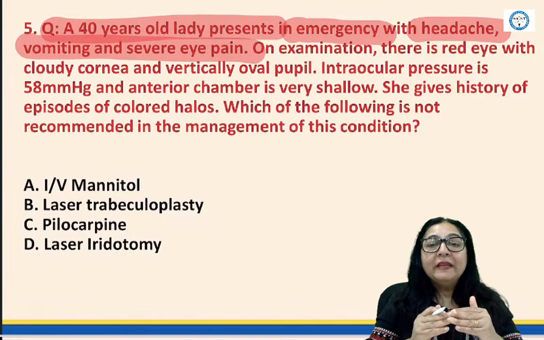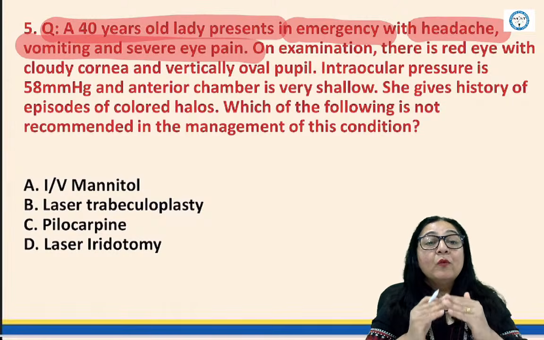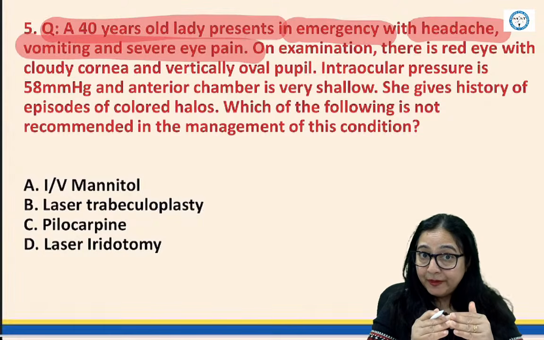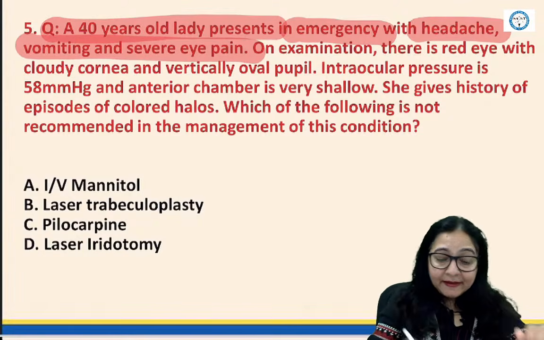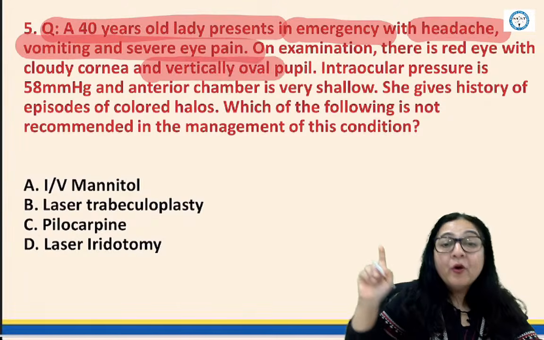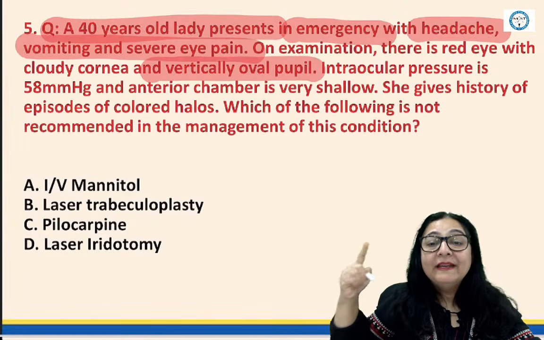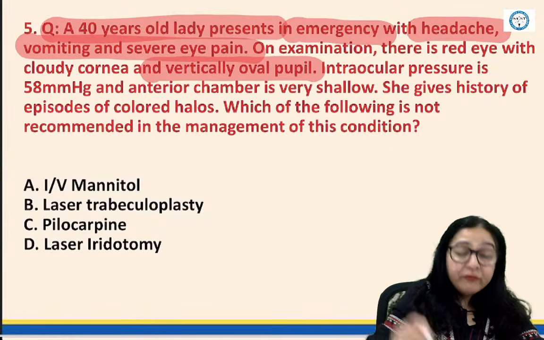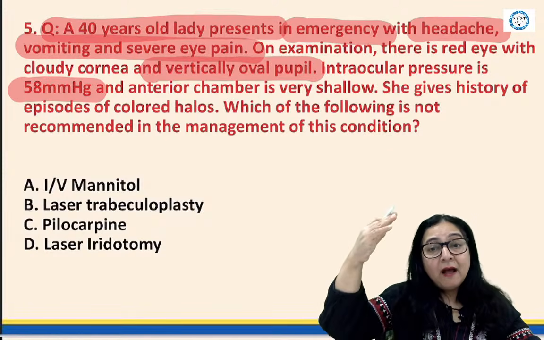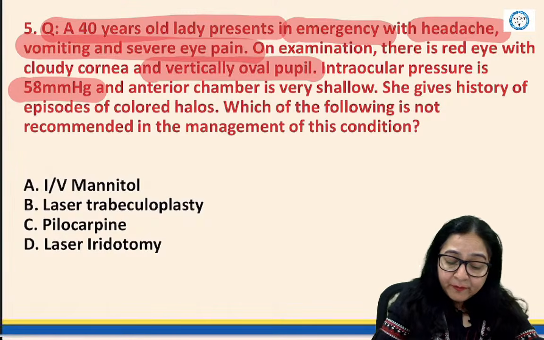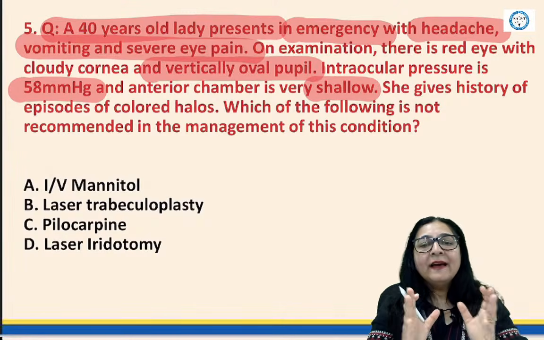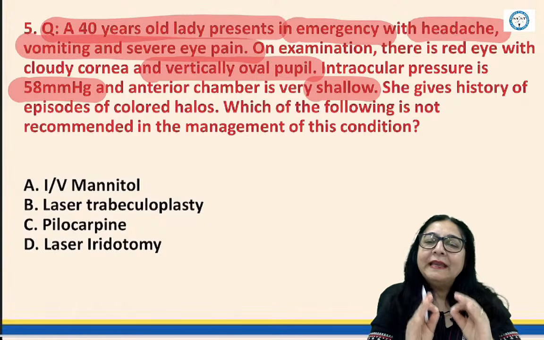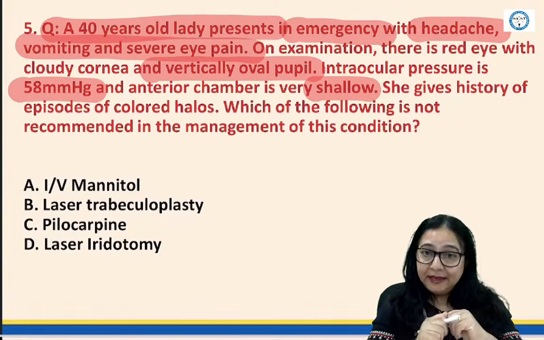On examination, there is a red eye with cloudy cornea and vertically oval pupil. ठीक है, so this again is a very important key point here, बच्चे, vertically oval pupil. Intraocular pressure is 58 millimeter of mercury, high range, anterior chamber is shallow. तो ये सारे पॉइंट्स आपको अगर मिल रहे हैं तो I am sure there should not be any difficulty in making the diagnosis.